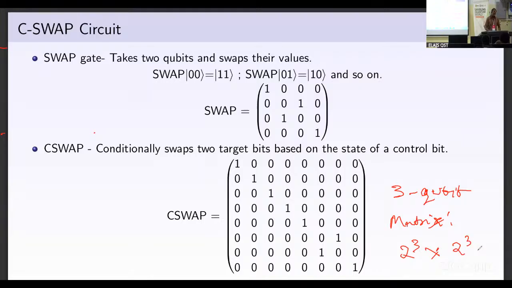Moving on, how this actually works: a Hadamard, then a controlled swap, and then another Hadamard. This actually finds the overlap between two vectors.